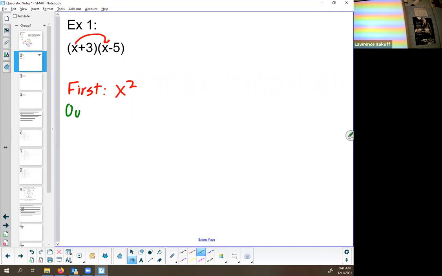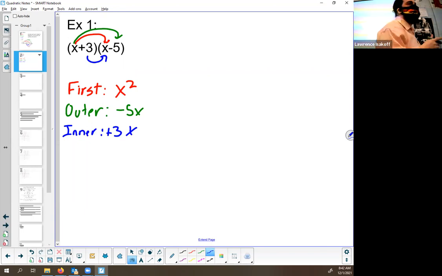My outer, x times -5, what would that be? Yeah, -5x. Now my inner, 3 times x indeed does give me 3x. I like to put a plus sign with that because I'm about to combine like terms. I want to remember it's positive.